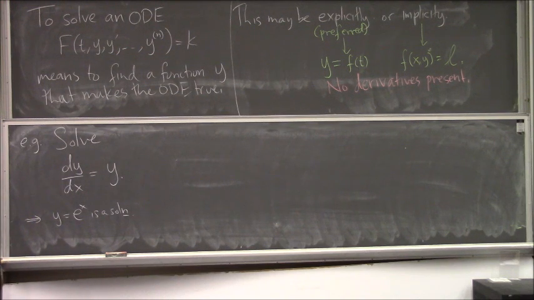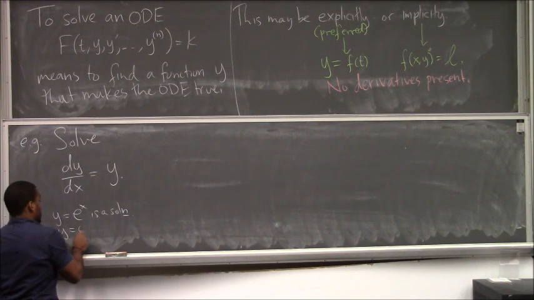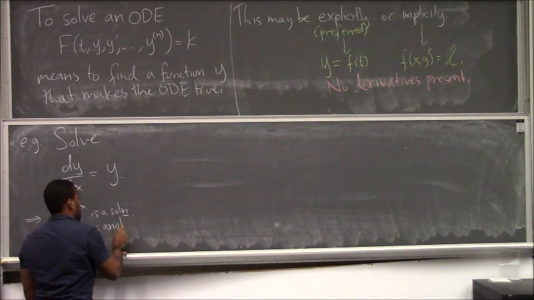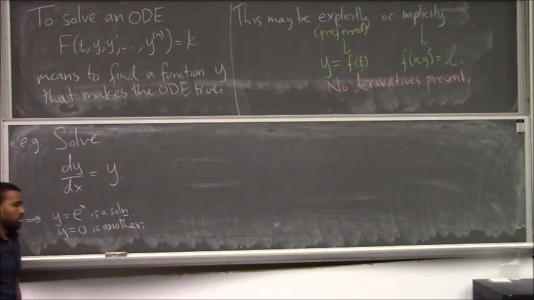Y equals e to the x is one solution. Is there another solution? The constant 0 is another solution. Any other solutions? If I take the derivative of 0, I get 0. That's getting itself, right? So 0 is also a solution. Anything else?